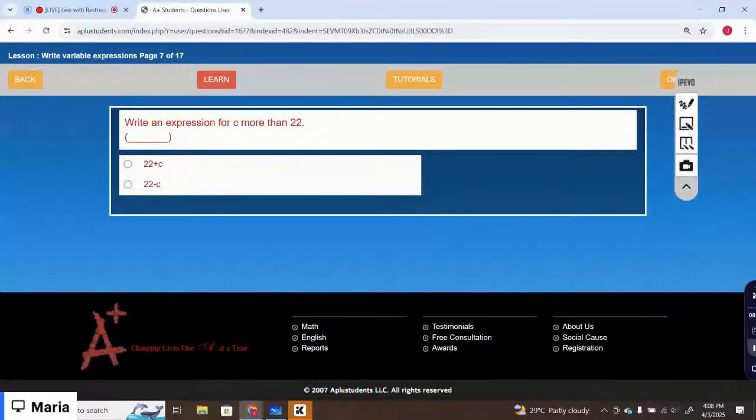Write an expression for C more than 22. So which is the correct option?